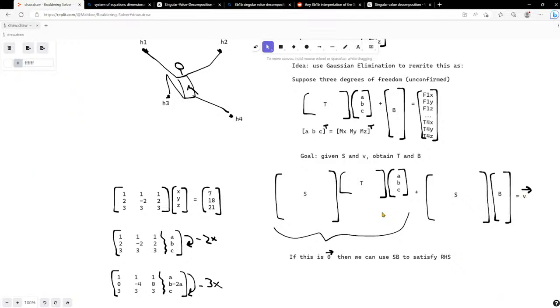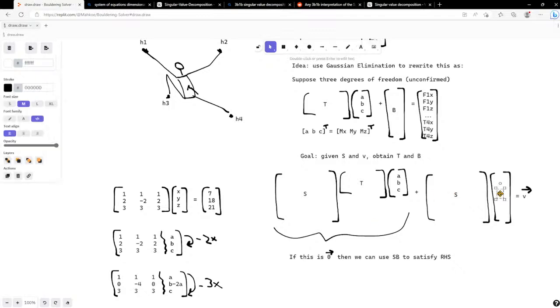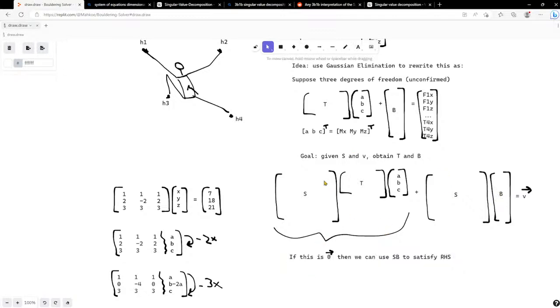So maybe what I need, yeah, because b, I'm going to solve for it, it's just going to be a constant. So actually, it's not if this is 0, this has to be 0. This has to be identically 0, no matter what a, b, and c are.